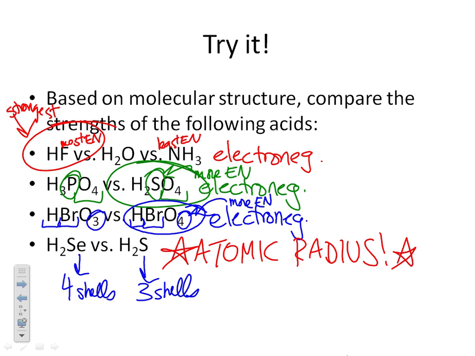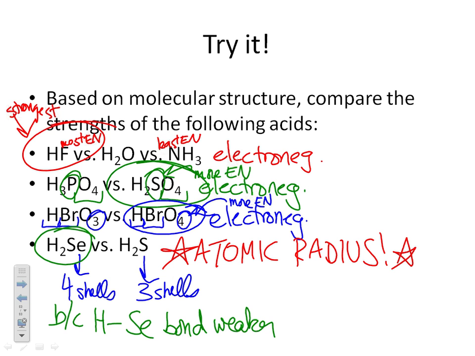So if we're comparing this, the H2Se is going to be the stronger acid, because the H-Se bond will be weaker. It's weaker because selenium is larger. So the hydrogen is physically further away from the selenium, meaning it will be easier to sever that connection and have that hydrogen be donated to something else.